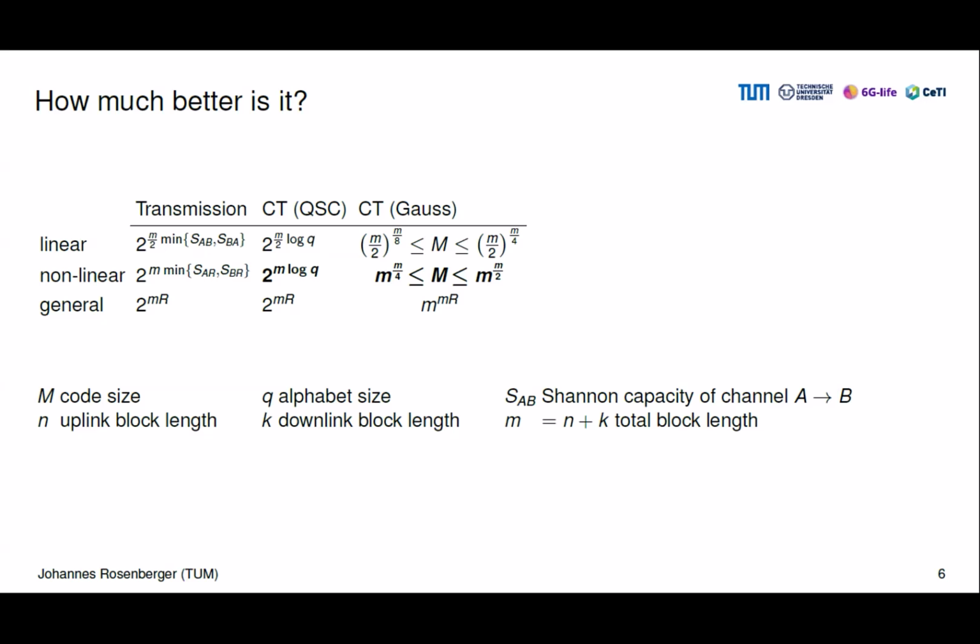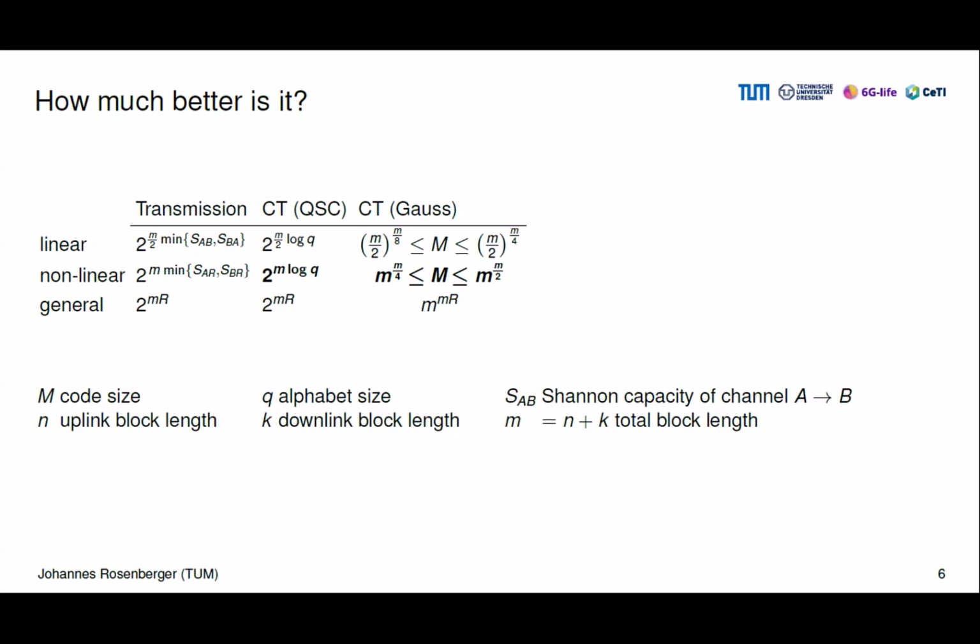And in our case, the uplink time is always basically the same for the same type of code. So whether you use a transmission code, linear or nonlinear, it's basically the same. And for a consensus testing code, linear or nonlinear, it's the same. But depending on linear or nonlinear, the downlink time varies. Because if you do linear network coding, you will have the same downlink block length as you have in the uplink.